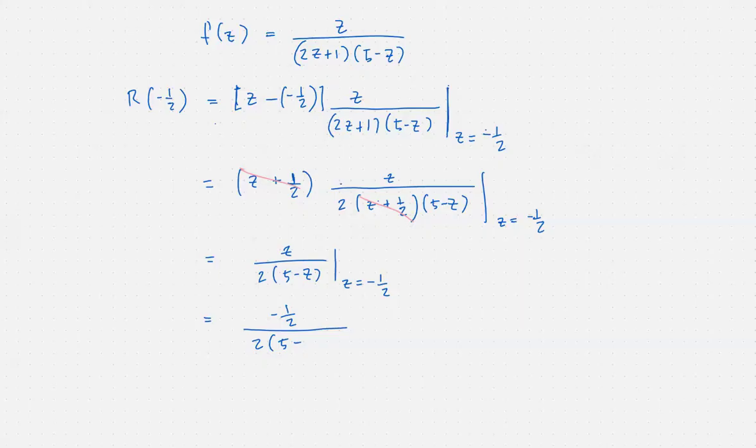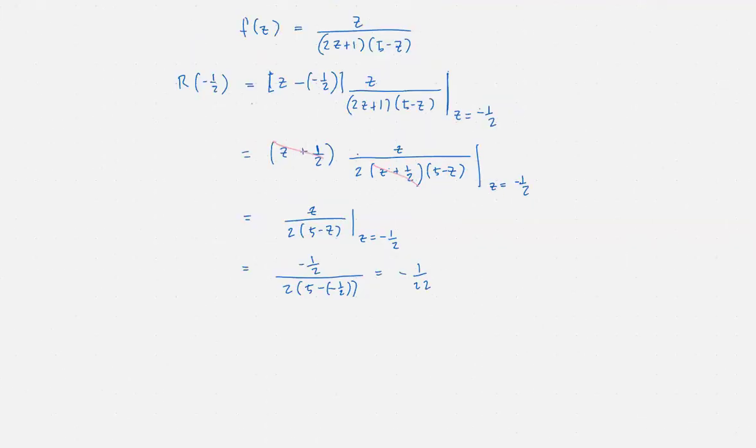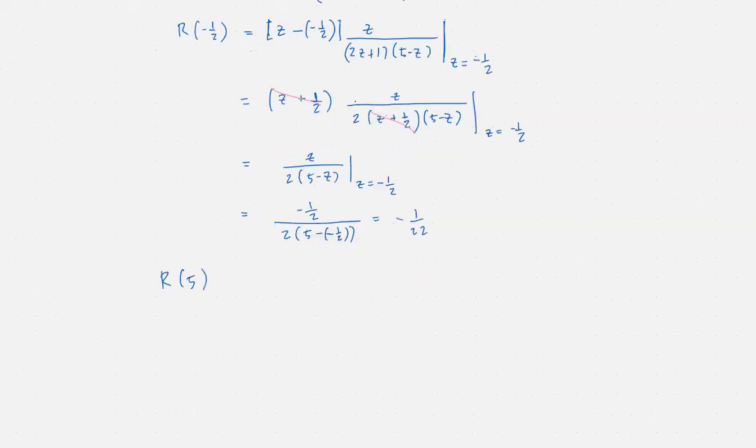Finally, we're going to have negative 1 over 22. And that is the residue at z equals negative 1/2. Now, similarly, for the residue at 5, we have z minus 5, since 5 is positive. Then multiply it by z over 2z plus 1 times 5 minus z, evaluated at z equals 5.